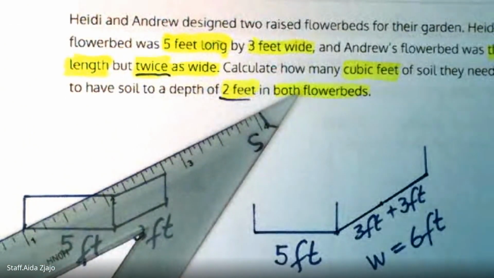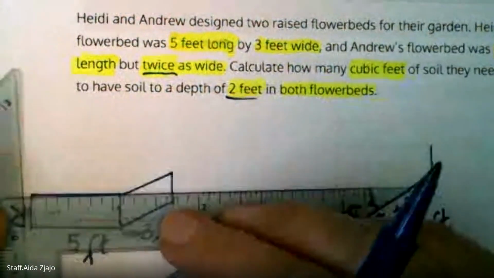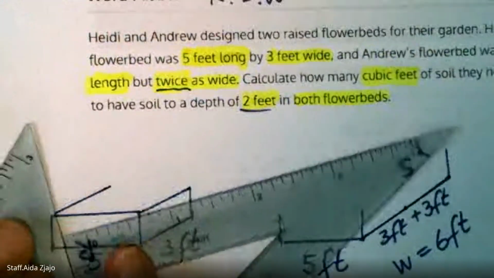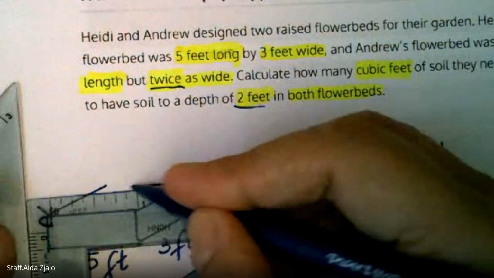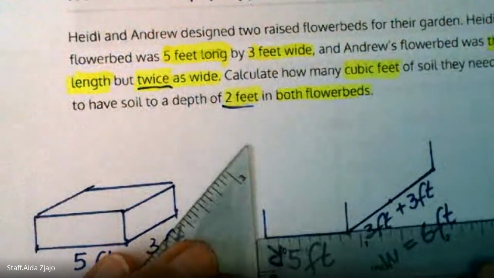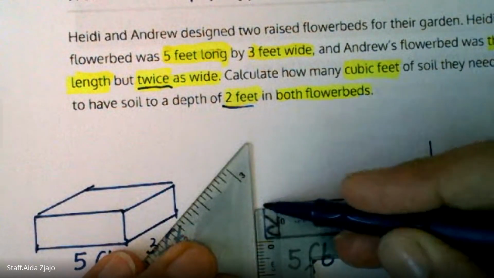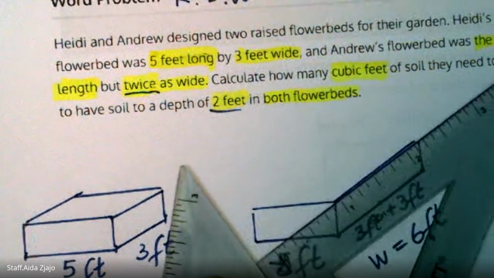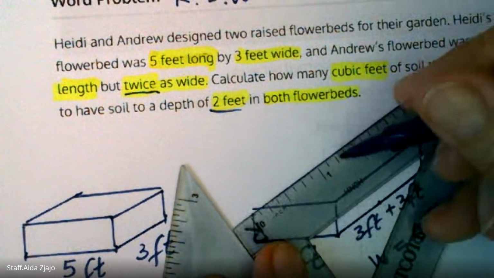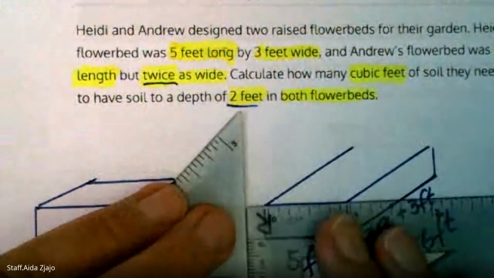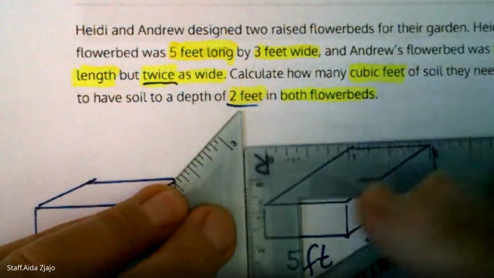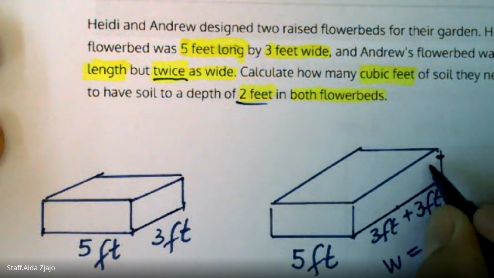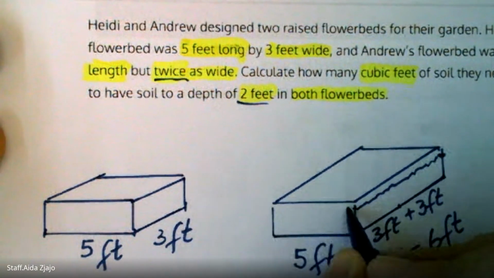Make a rectangle. All right. So if I create the bed, this one here. They could have the soil all the way to the top, or if they make the height of the bed 3 feet, then the soil could be just till here, so it's not going to be all full.